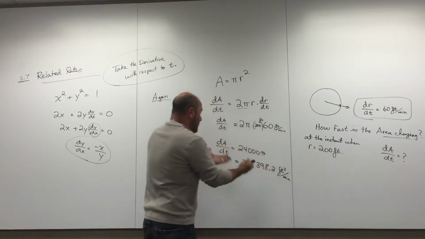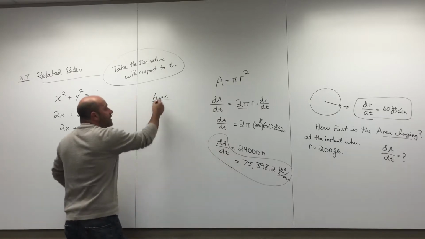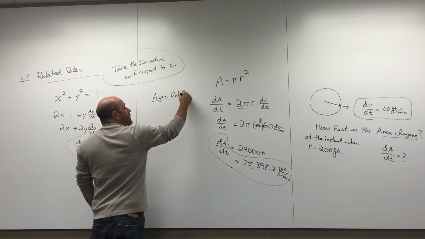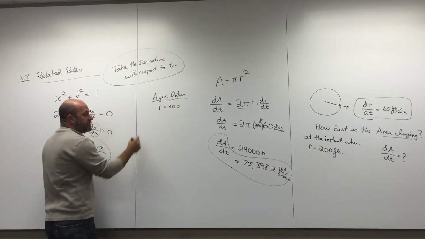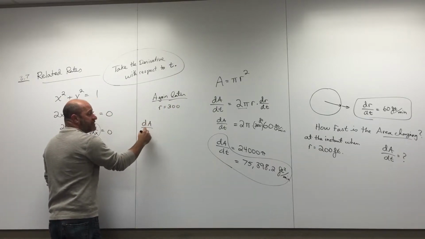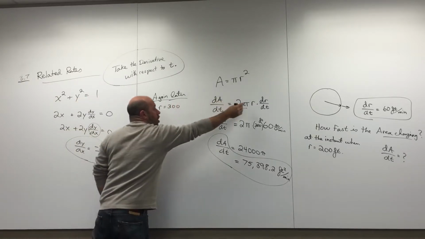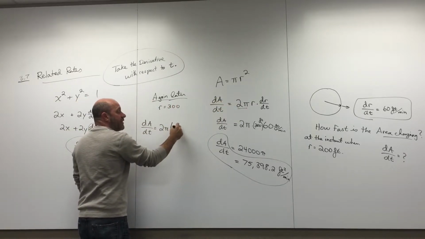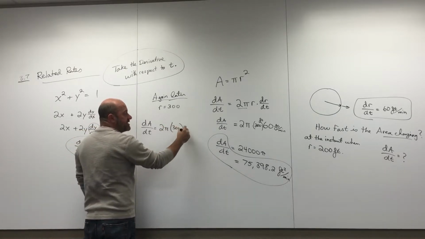At this moment, this was the rate of change of the area. A little bit later, when R is 300, let's check it out. When R is 300, I think we'll have a bigger rate of change. This is still 2 pi, and dR/dt is still 60.